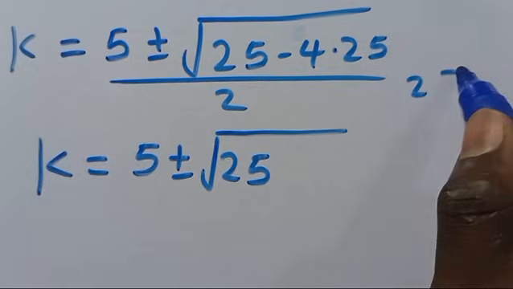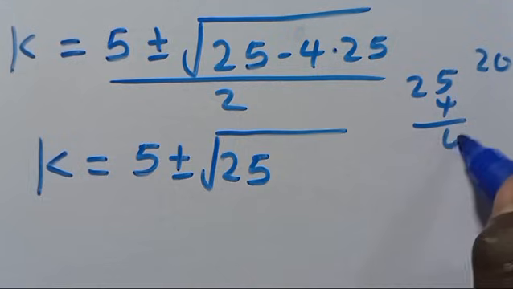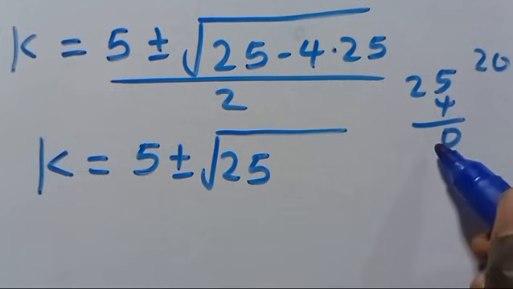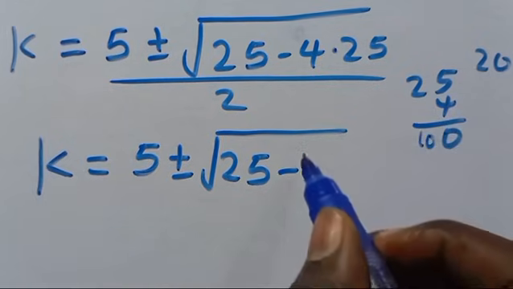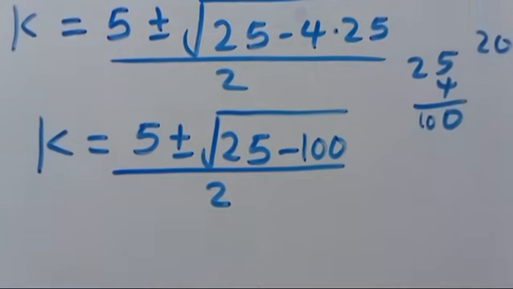Now when we have 25 times 4, 4 times 5 will give us 20, we have it to be 0. Then 4 times 2 will give us 8, plus this one will give us 10, here will be 100. Then divided by 2.